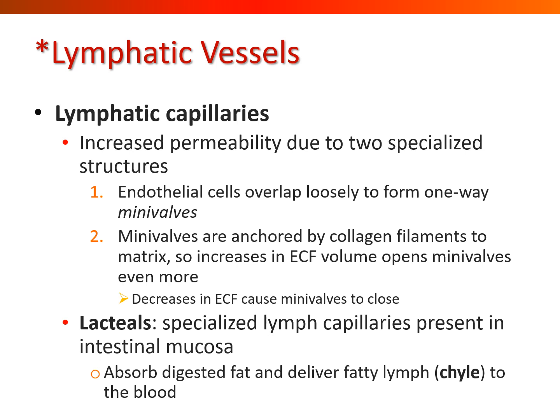Now, there is a special type of lymphatic capillary known as a lacteal, and the only place we find these is in the wall of the intestines. It's in the intestinal mucosa. And the purpose of these special lymphatic vessels is to absorb digested fat and then get that into the circulatory system.